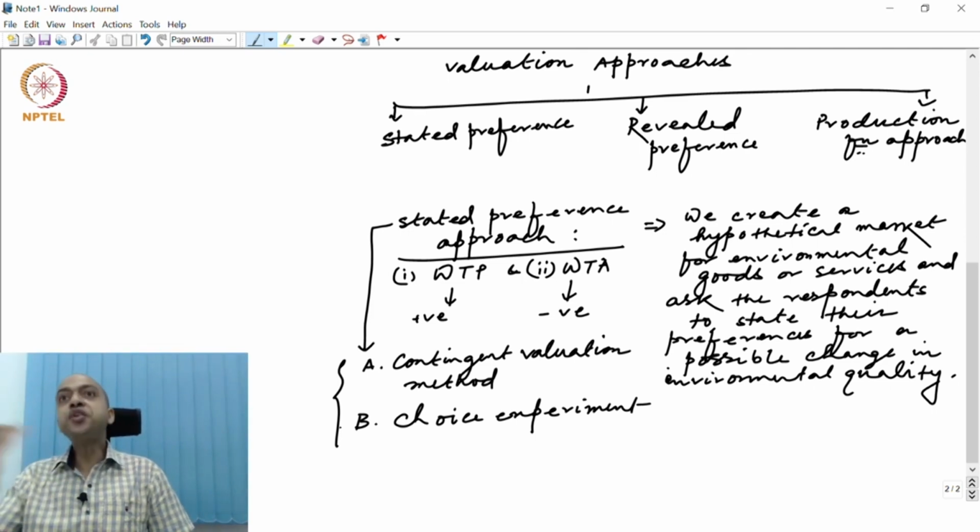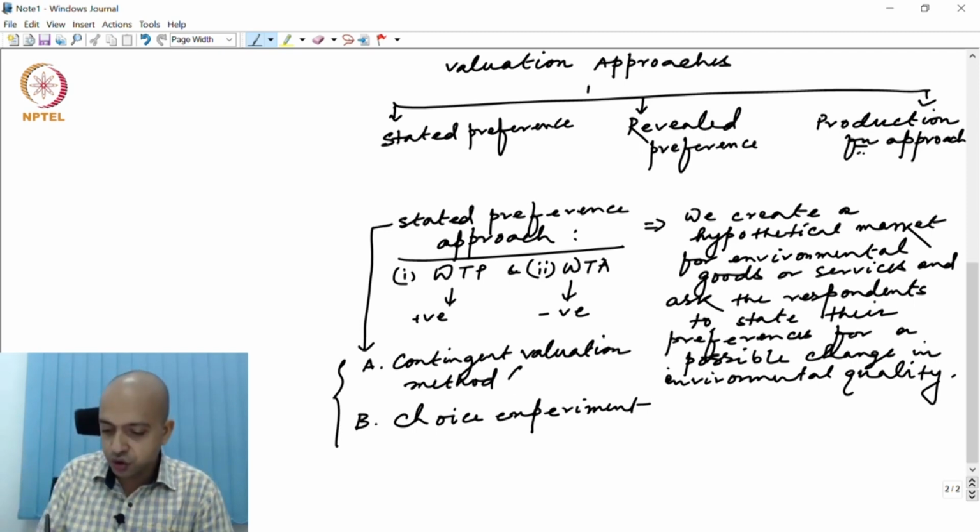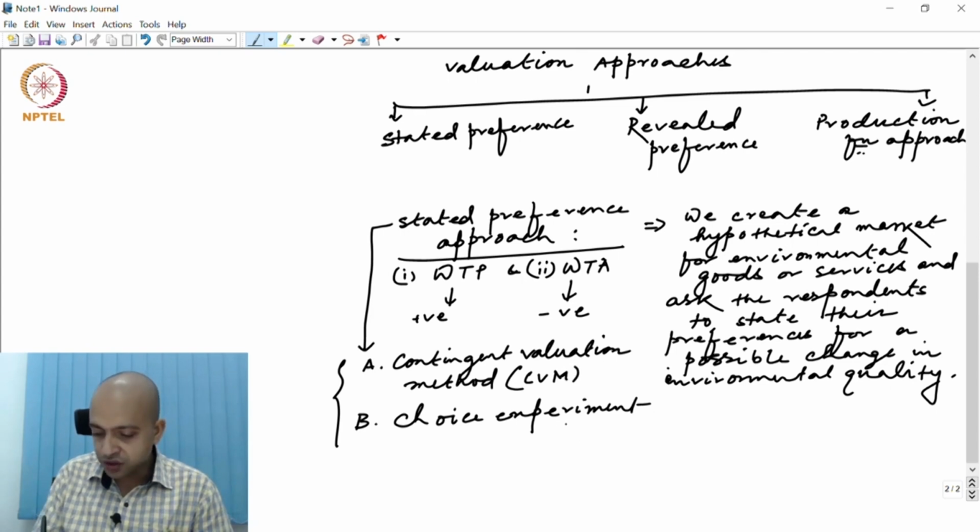They only state their willingness to pay or willingness to accept amount. So this is called stated preference approach, and there are two methods. Contingent valuation method, in short this is called CVM, and this is called choice experiment, CE.